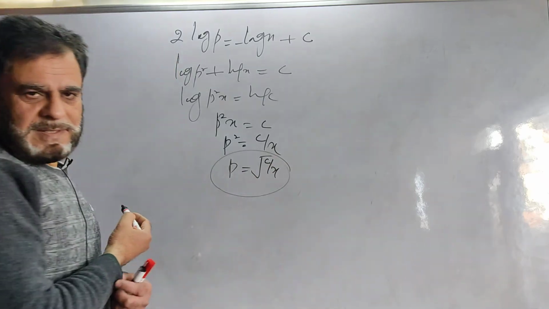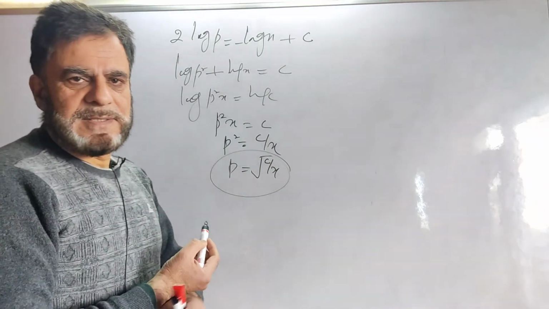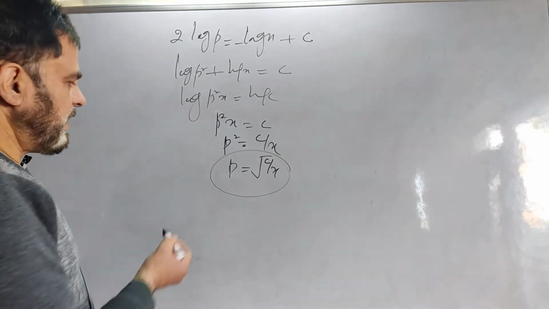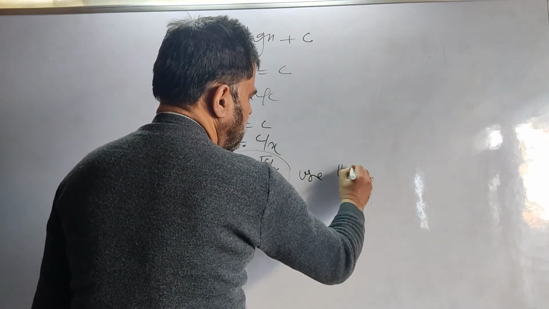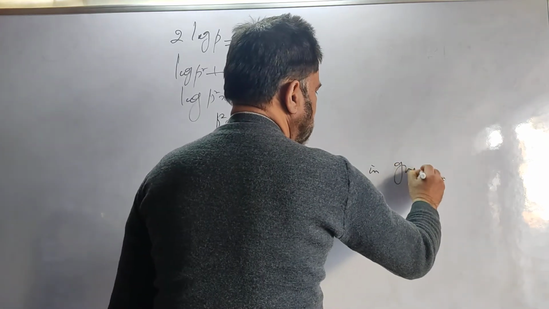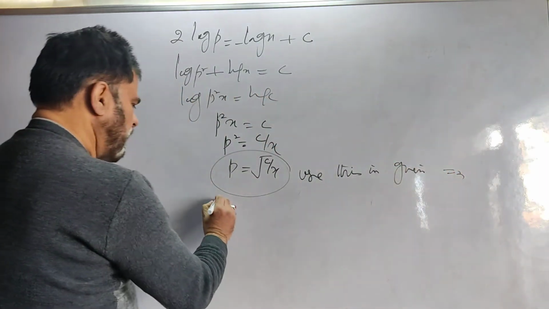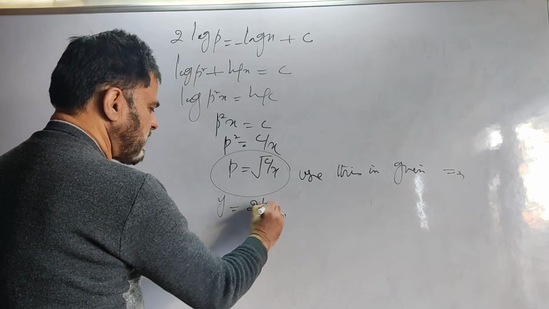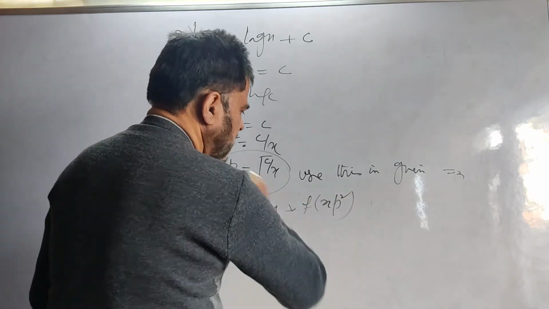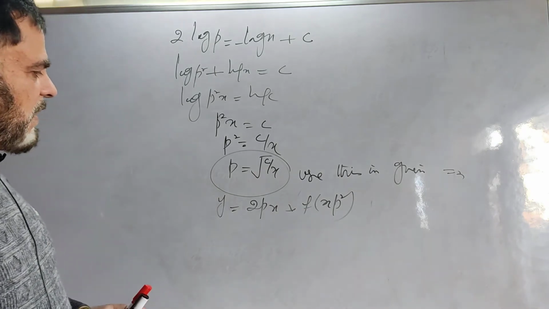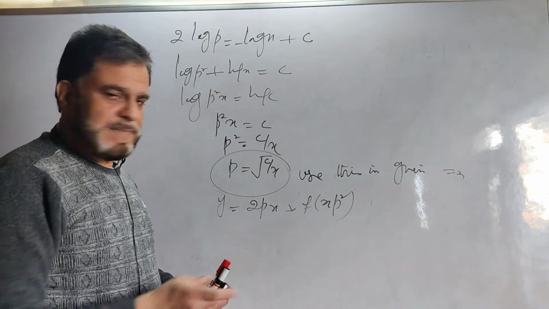This is p. Now you can easily eliminate p between the given equation and this. Now use this in the given equation. What was that? y is equal to 2px plus f of xp square. This was your equation, given question.